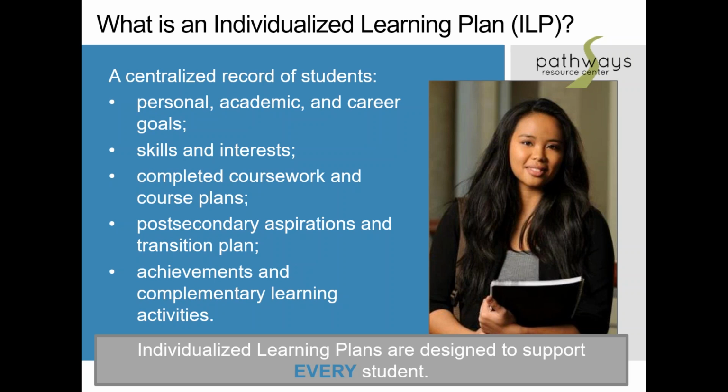ILPs reflect students' personal academic and career goals, skills and interests, and their progress along a career pathway. This can include tracking coursework, looking at future course plans, post-secondary aspirations and transition plans, their employment, achievements and awards they've earned, and other complementary learning activities.